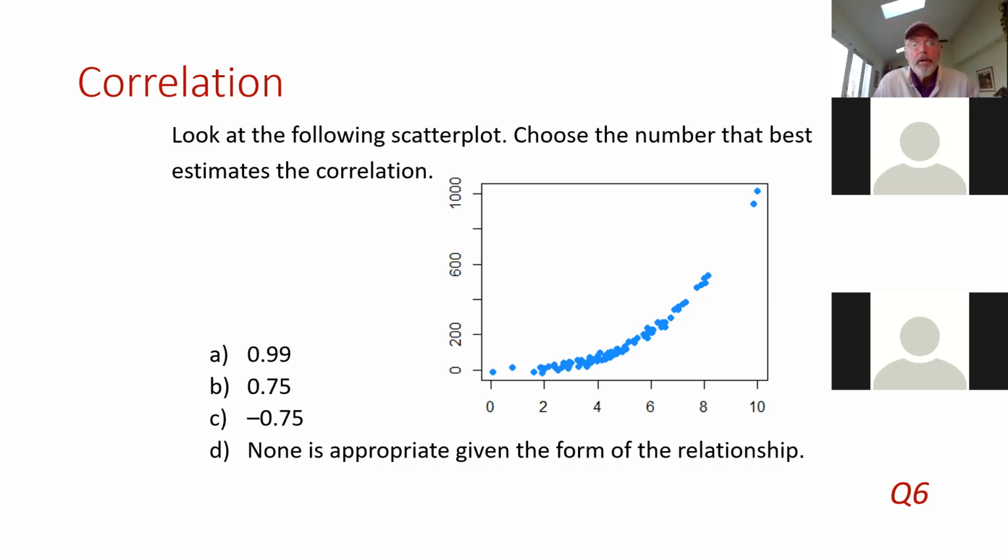How about this one right here? It's A. Okay, why do you say A? It's extremely positive and they're very close together, so it's very close to 1. Okay, do you see a curve here? Yes.